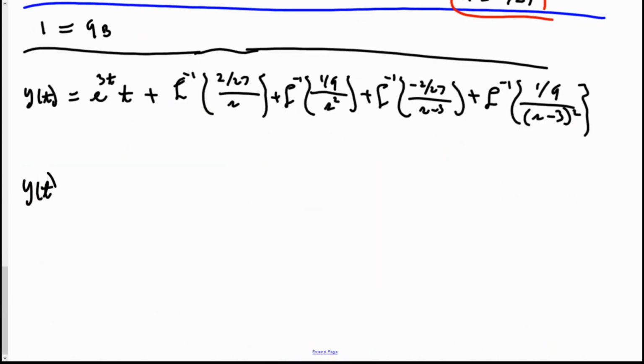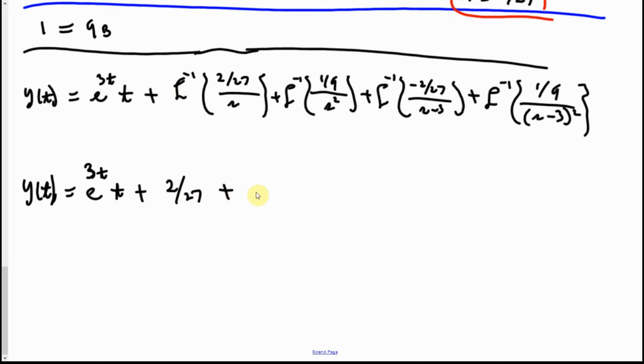So y of t is equal to, you got that e to the 3t times t, and then this is plus 2 over 27. The inverse transform of 1 over s is just 1, so that's fine there.